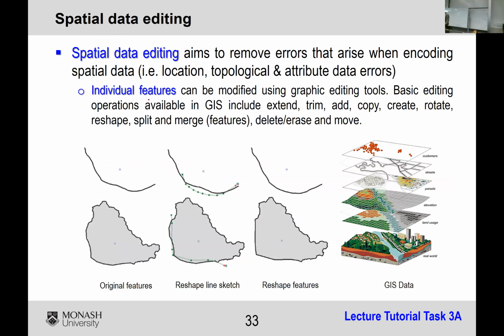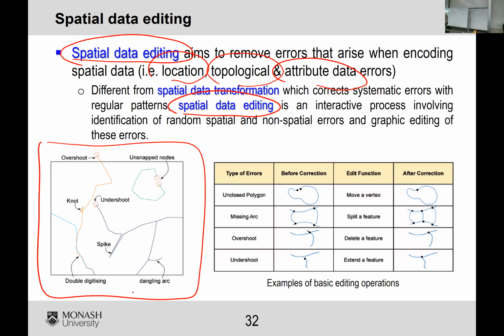And let's start with editing individual features. So there are many tools built in ArcGIS that allow us to edit the individual features. And we can use these tools to basically correct the errors shown here.